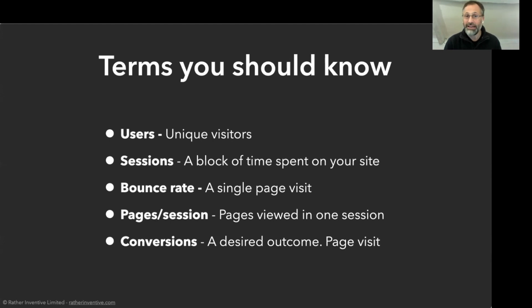So if you've got 10 users for a month, then you have 10 unique individual visitors who have come through to your website. A session is a block of time spent on your site. So this could be where you might have one person who's visited several times. So in which case that's called a session. So you might have one person who's visited 3 times, that's 3 sessions.